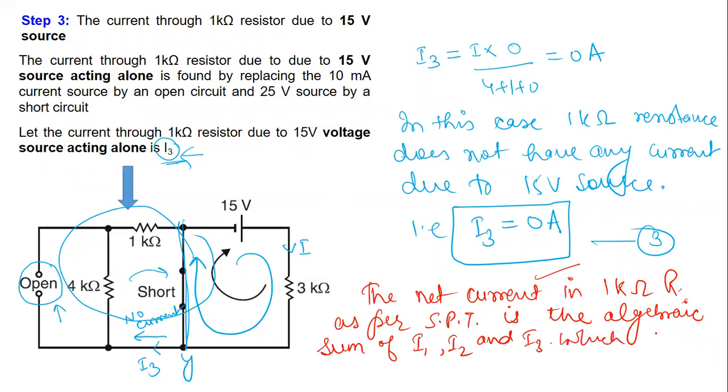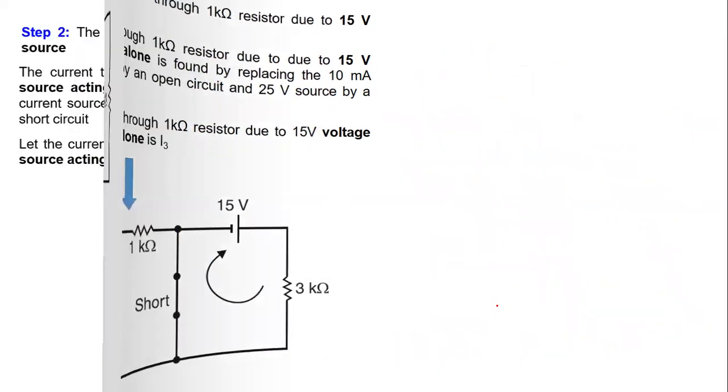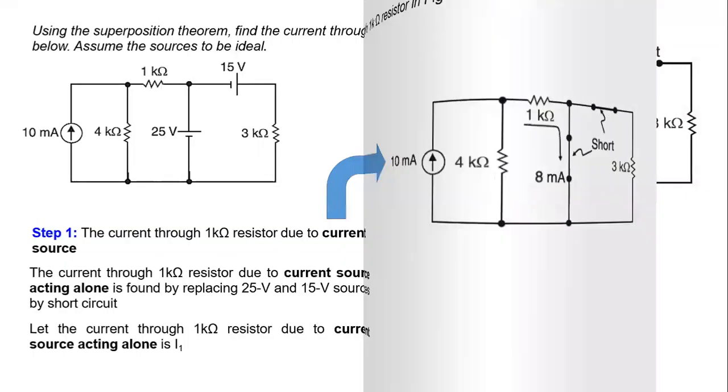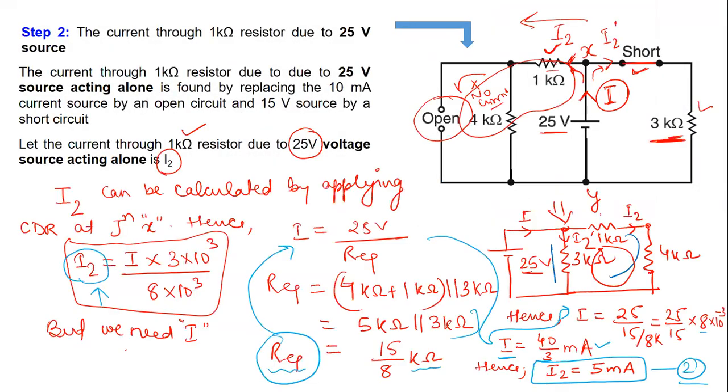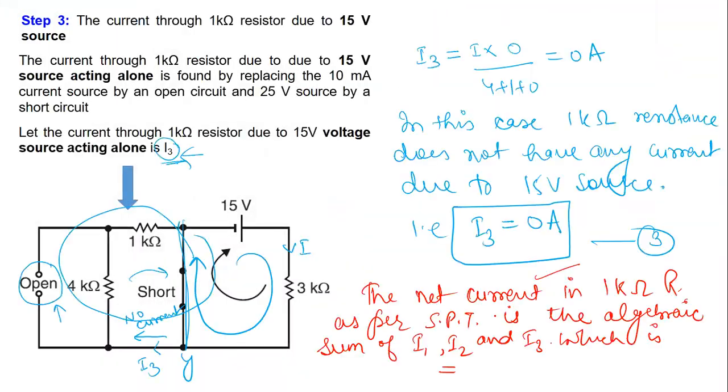Now, what is that current? Initially we got 8 milliampere, then we got 5 milliampere and then 0. So it would be 8 minus 5 plus 0, so it is 3 milliampere. This is the answer.